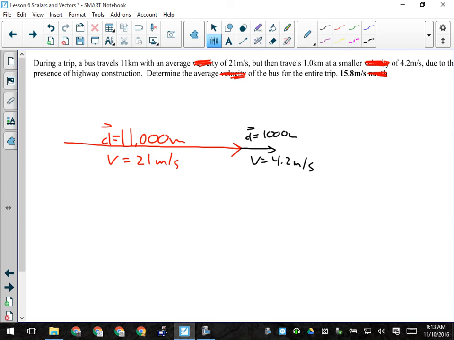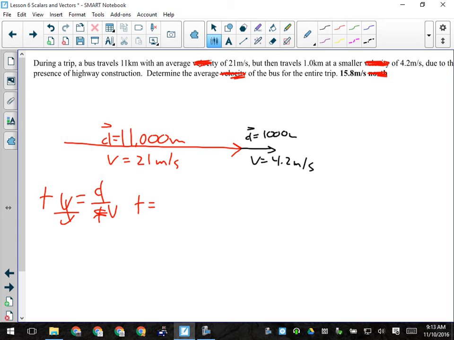But just like the marathoner question we just did, I have D and V for both parts, so I can calculate it. For part 1, I'm going to manipulate v equals d over t for t, moving t over here and dividing both sides by v, and I've got the formula for time.